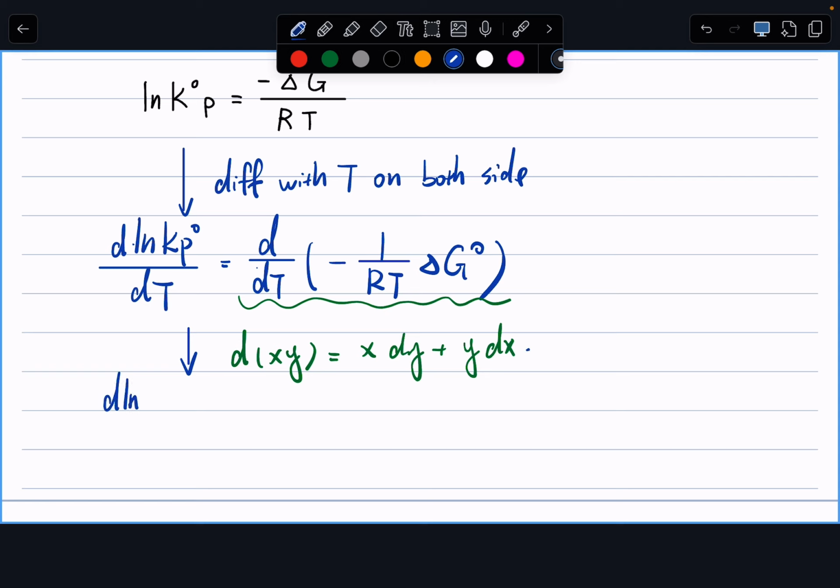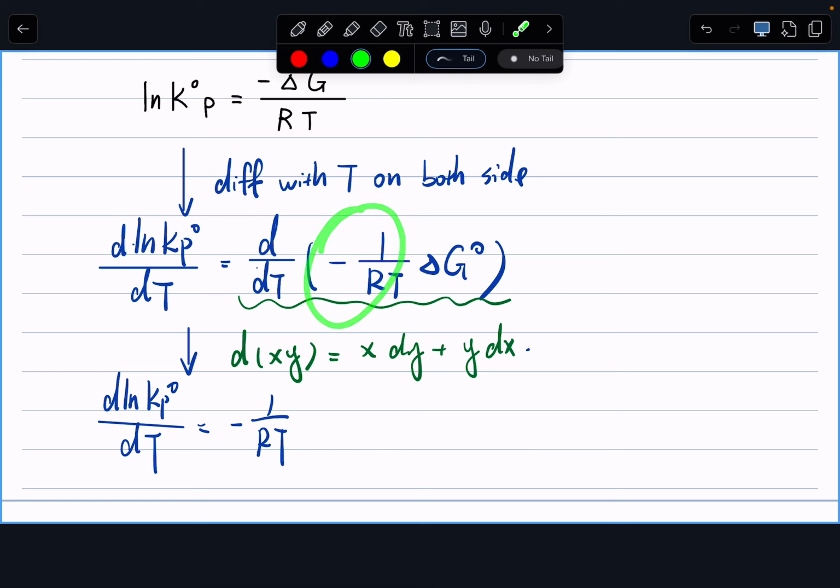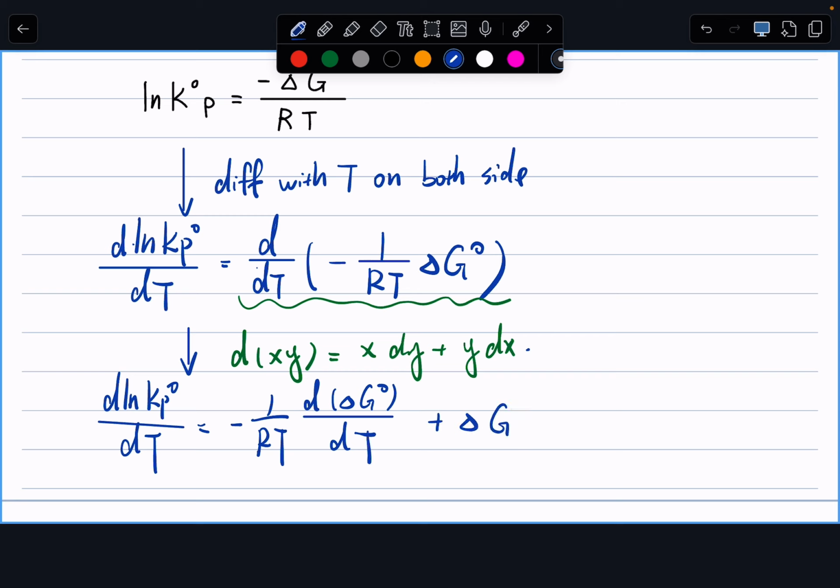So we can rewrite our right side: my x is negative 1 over RT times d delta G naught over dt, plus my delta G naught times d over dt of negative 1 over RT, and d over dt of 1 over T, negative 1 over T, equals negative 1 over T squared. Again, super straightforward differential equations.